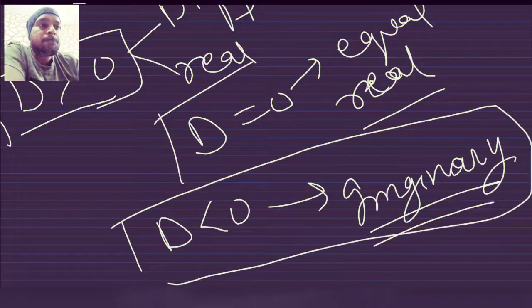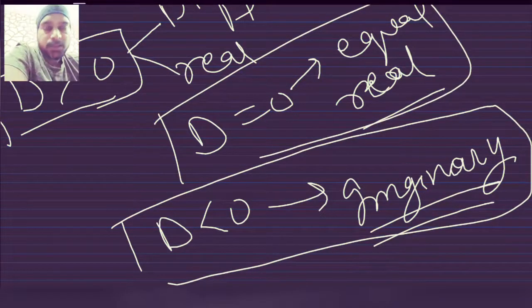Is it clear? So I hope this was clear to you guys: when the roots are going to be imaginary, when the roots are going to be real and equal, when the roots are going to be real and different.